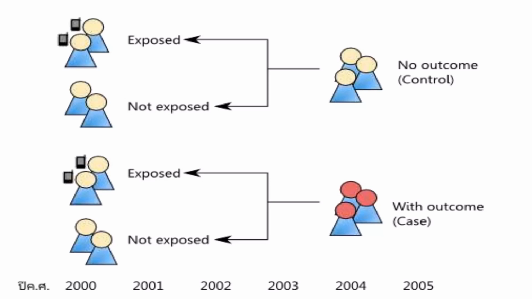First, there are the people exposed to smoking and non-exposed to smoking. If you analyze the people exposed and non-exposed to smoking, they are in control. There is no outcome. They are not diagnosed as having lung cancer. They are free.